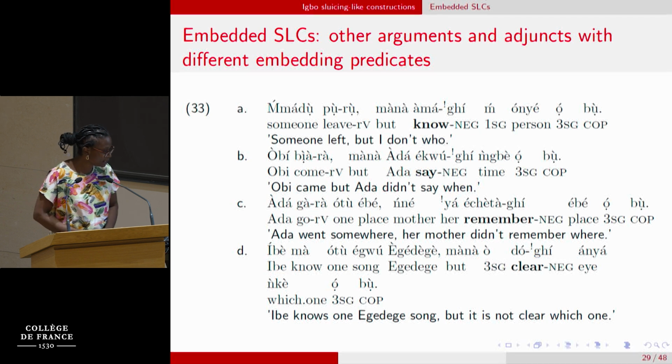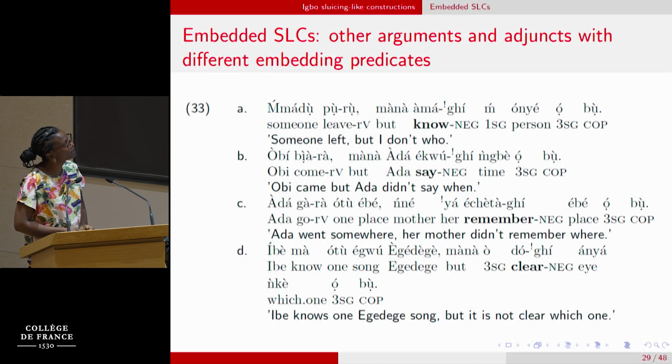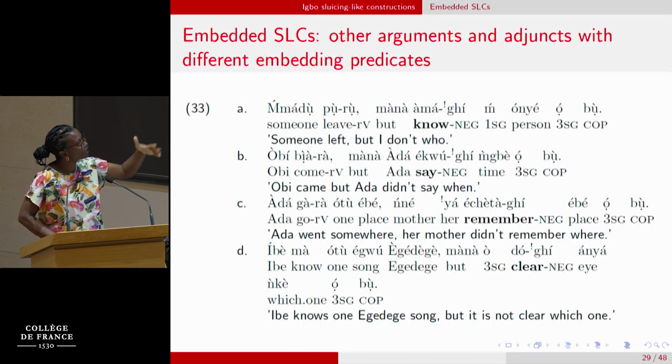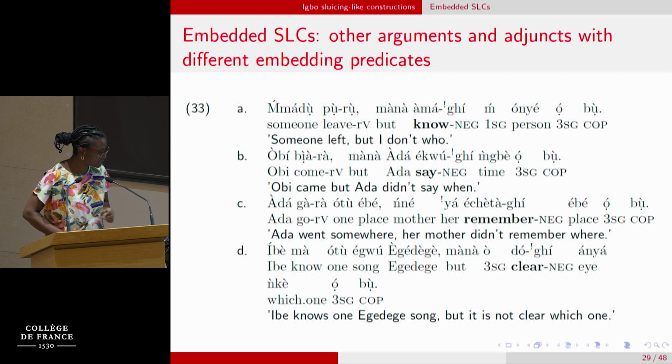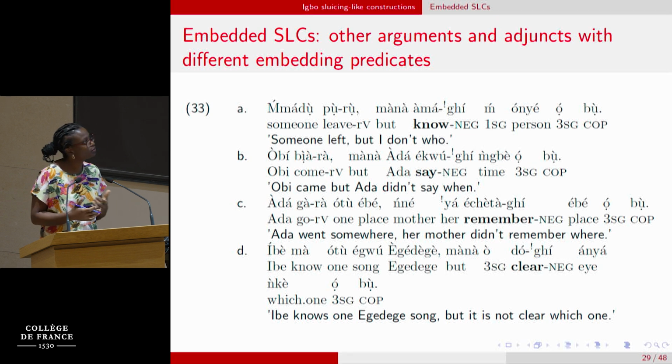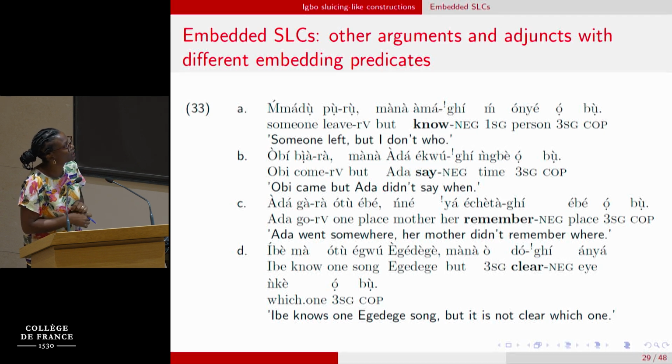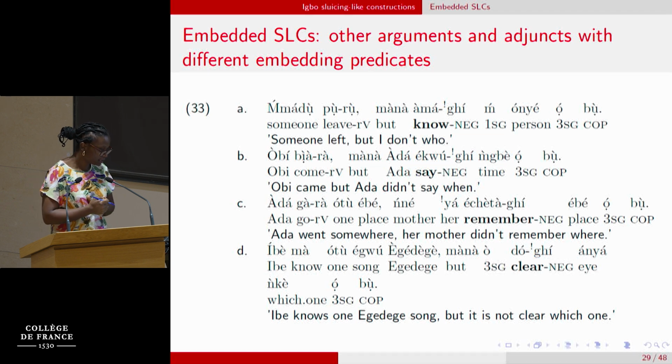And here I'm showing that we get it for all other arguments, not just for subject and object, and no matter the kind of predicate that is used, whether it is a predicate like know, say, remember, or be clear with, it's always the same kind of structure that we get in these embedded contexts.